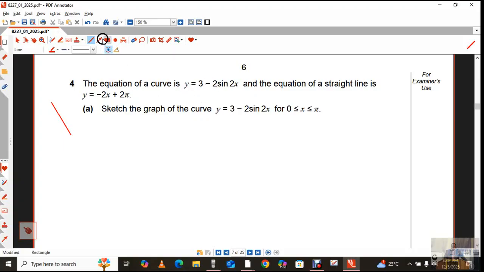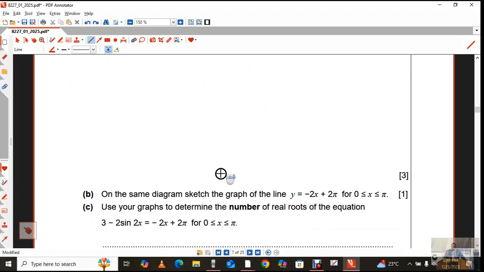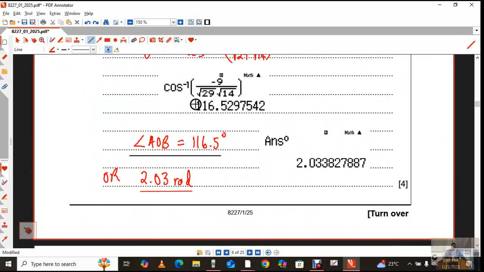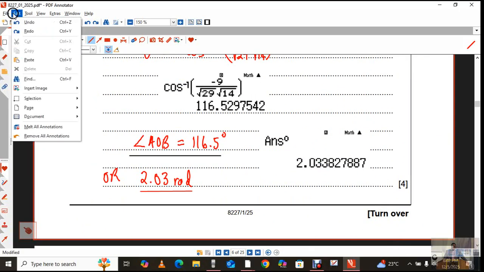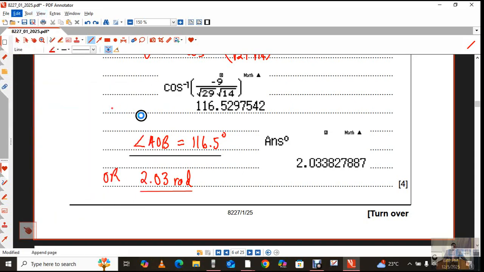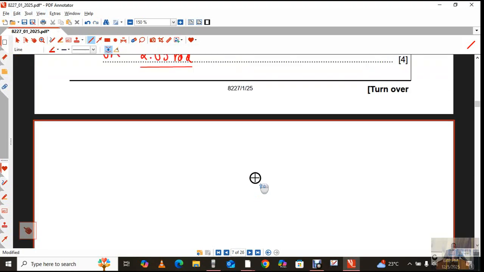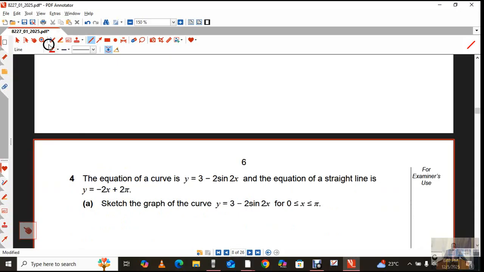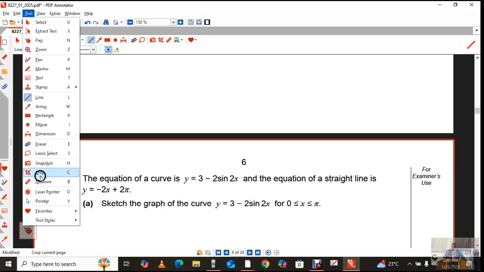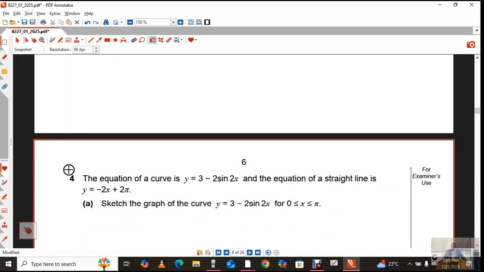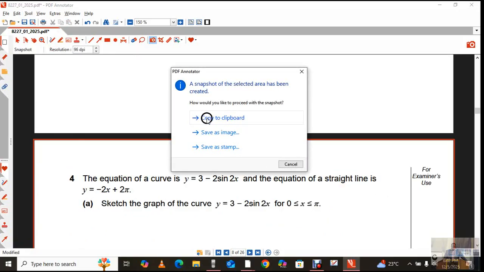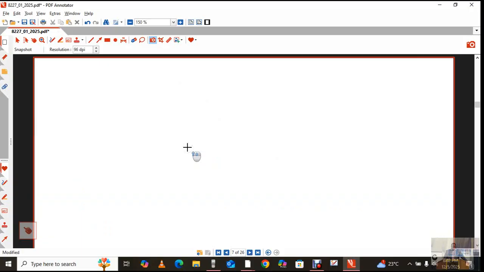Maybe I must just append an extra page here, because there's a few things that I just want to clarify. Let's see if we can take a snapshot of this question for you to be able to see what my thinking would be. I'm just going to put it up here.